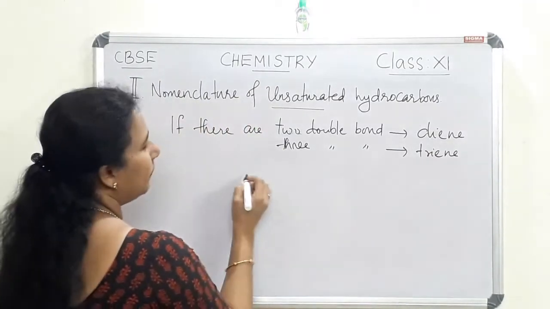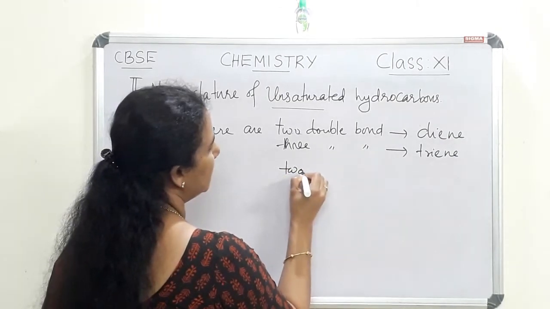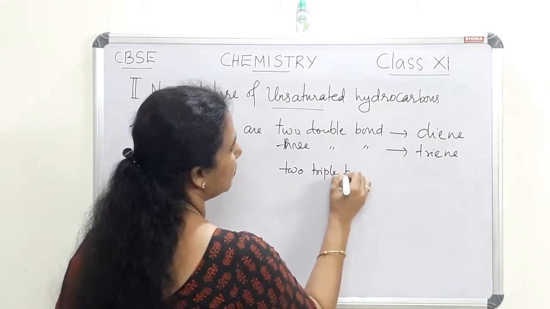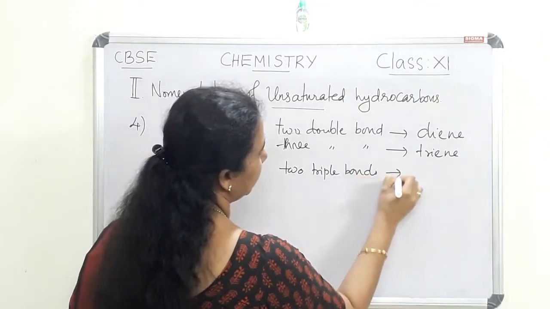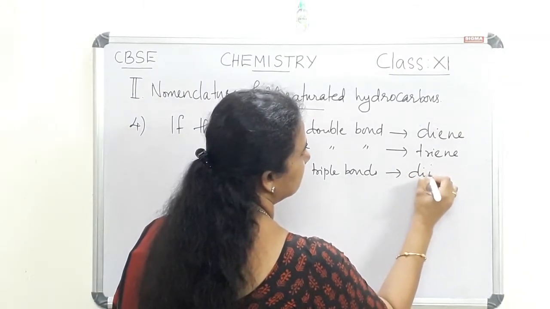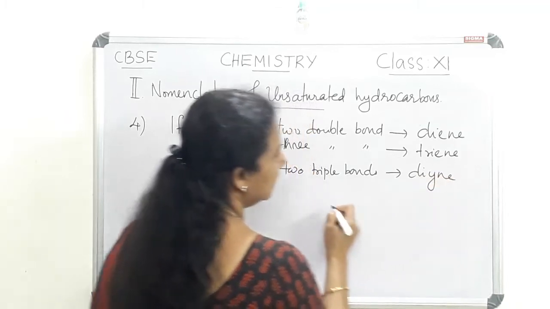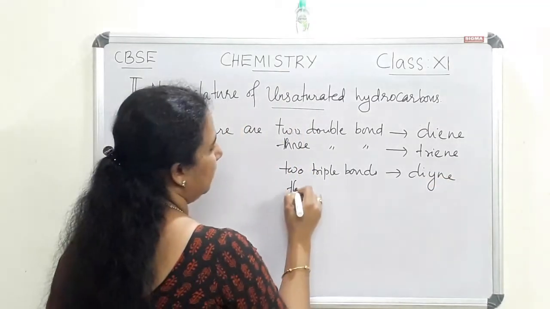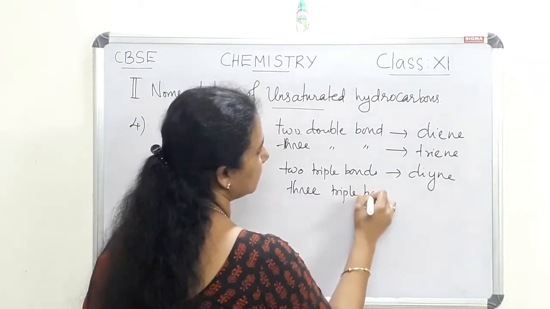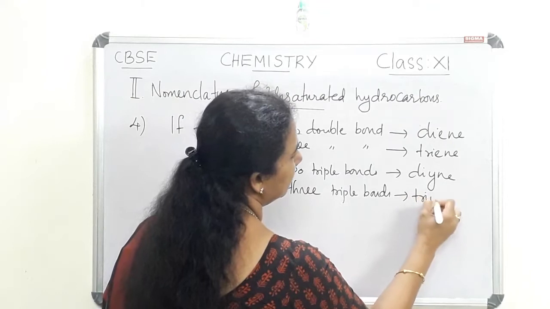In the case of triple bonds also, the same way we have to name this. If there are two triple bonds, it ends with diyne. That means diyne. If there are three triple bonds, it will be triyne.